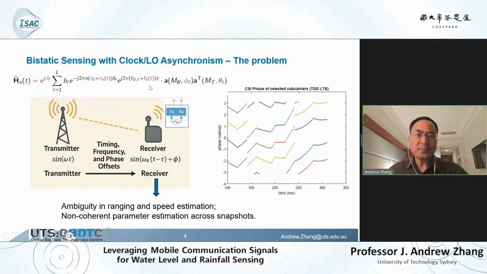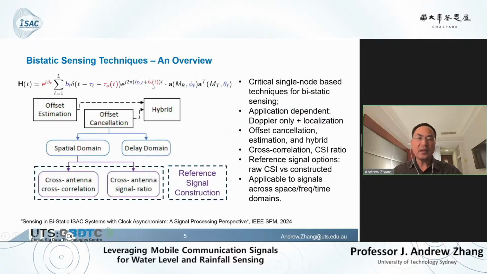To resolve bistatic sensing, we have to either remove, or estimate and compensate for these offset terms. And existing techniques can be classified into mainly 3 classes, including offset cancellation, which tries to cancel the offsets instead of estimating and compensating for them.